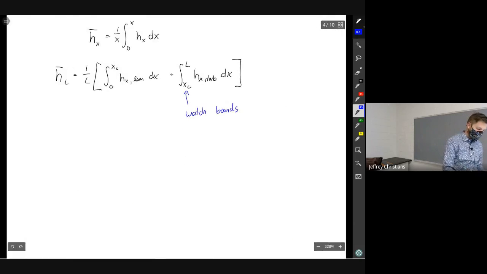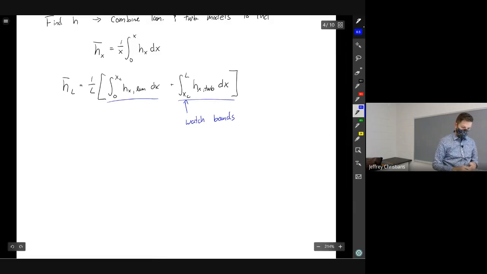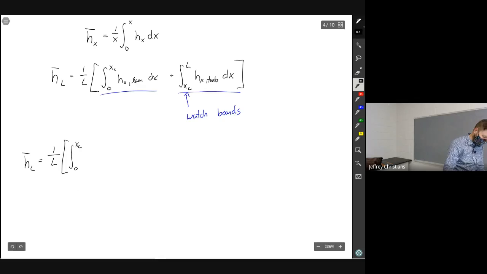So that's what we're doing. So this first part is adding up H over that whole laminar part. Then we stop, switch models, add up H over the whole turbulent part, then get the average by dividing everything by L. So if we do this, 1 over L, the integral from 0 to XC.